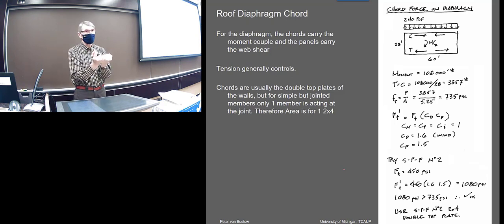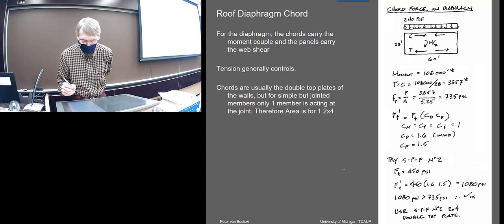Compression is going to be stronger, and I don't see how it could fail in compression. If you've got the double top member, both of them would end up acting, because even if they are butted together, they'll bear on each other in compression. But on the tensile side, that's not true. So even though you have a double top plate, the area is only one 2x4, not two.